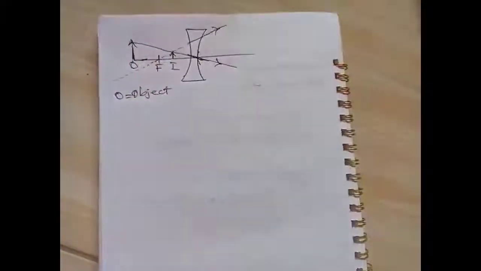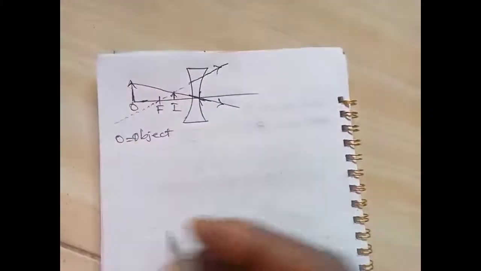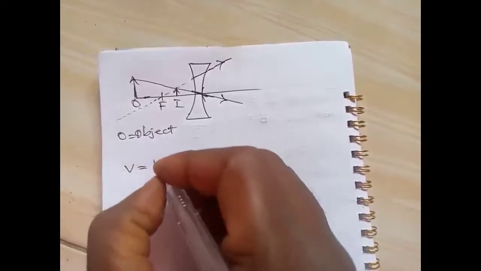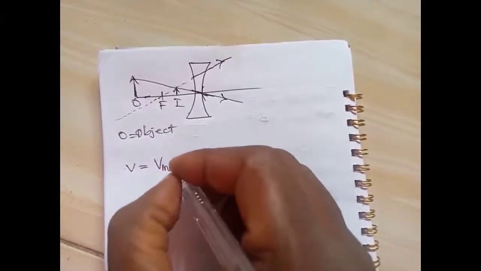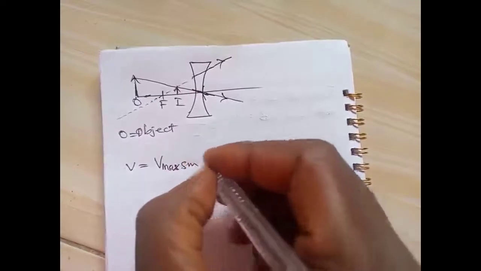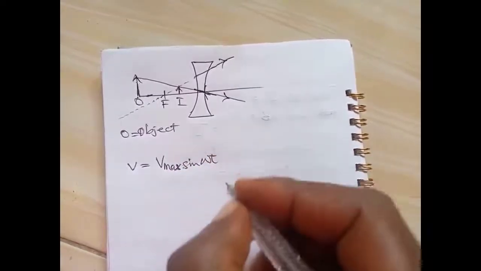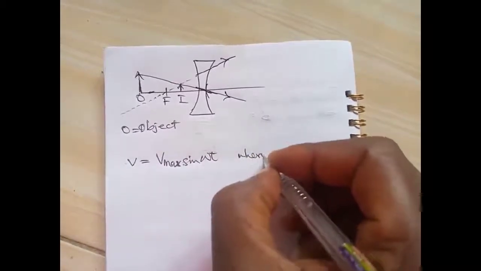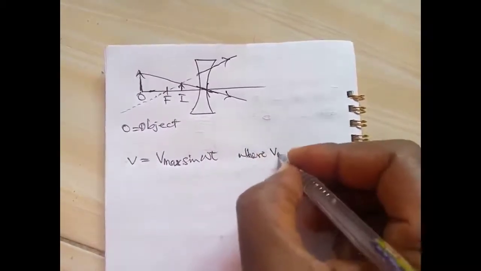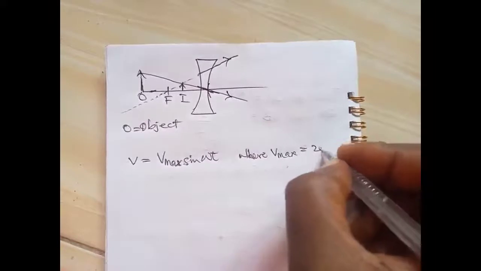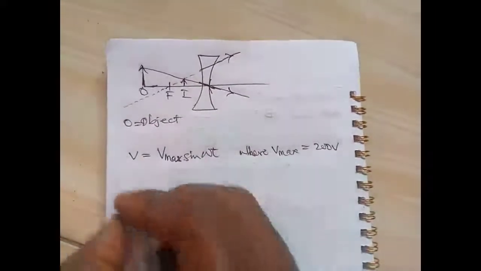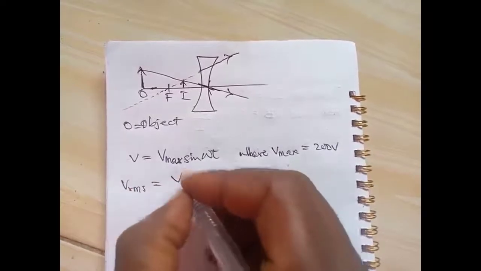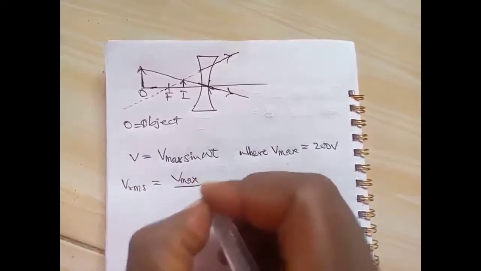So using the equation given to us that V is equal to V max sine omega t, where V max is 200 volts, the V root mean squared is given by V max over root 2.